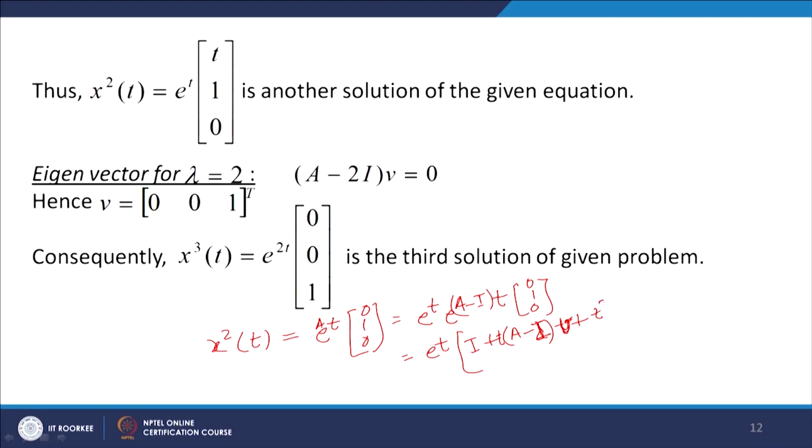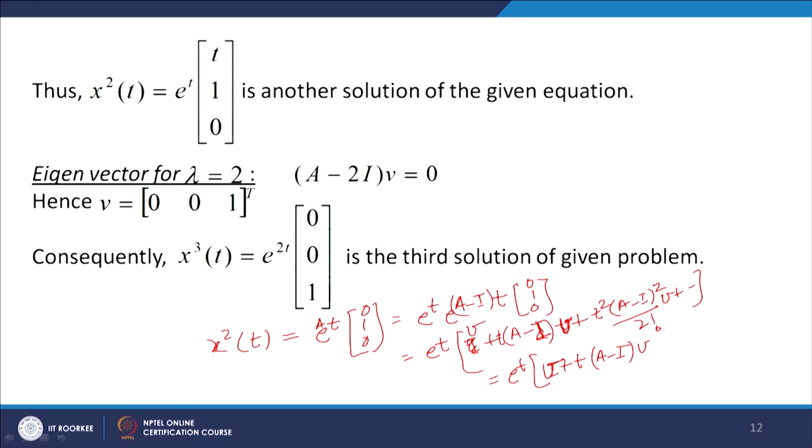So, t squared (A minus lambda I) whole squared by 2 factorial b and so on, this reduces to e to the power t [I plus t times (A minus I)] into b.